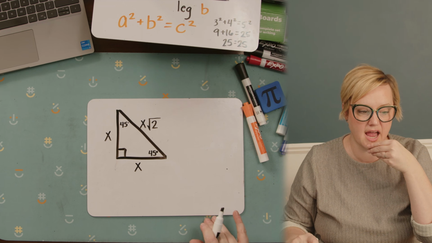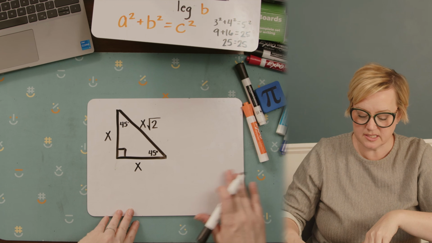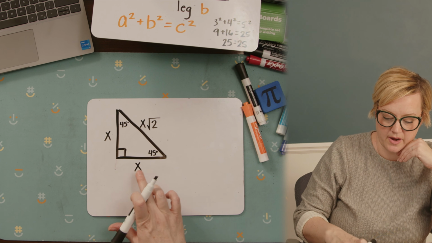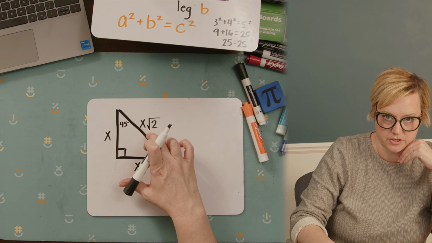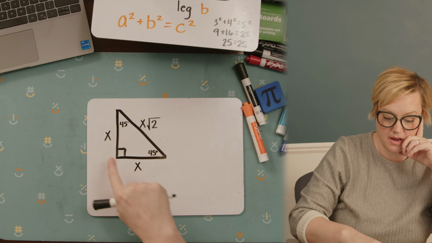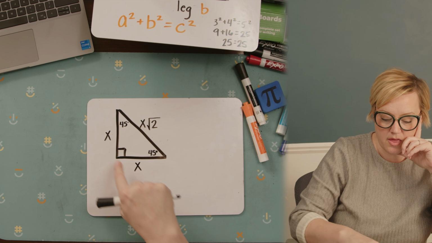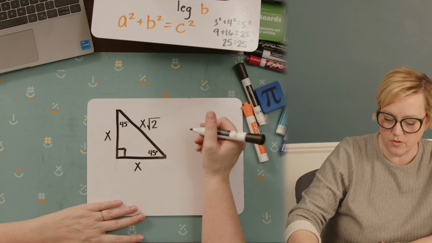It's X times the root of 2. That is the special right triangle. So if this is 1, you would have 1, 1, 1 root 2. If this was 3, you would have 3, 3, and 3 root 2. That's how that special right triangle works.